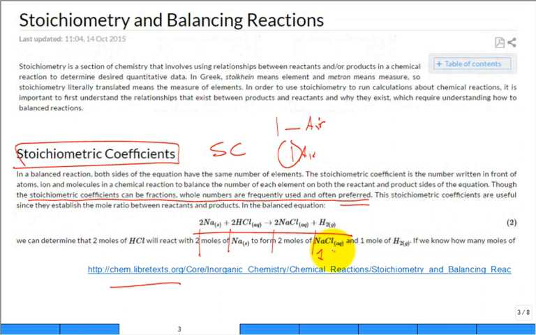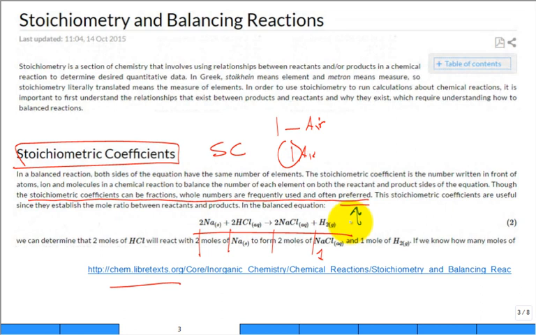Or it's not a fraction. Well, guess what? It's often preferred to have whole numbers or even nice clean fractions. But is it really required? Nope. And so I'm going to use that 4.76 or that 3.76 often.